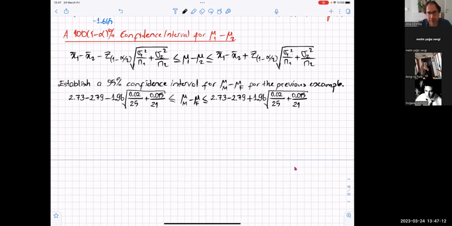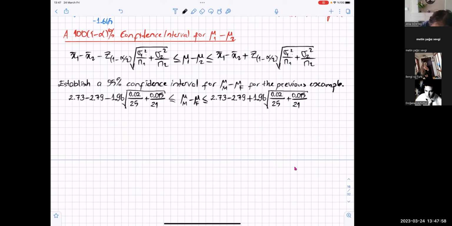So if I perform the calculation, the lower bound would be 2.73 minus 2.79 minus 1.96 times the square root of 0.02 divided by 25 plus 0.015 divided by 21.